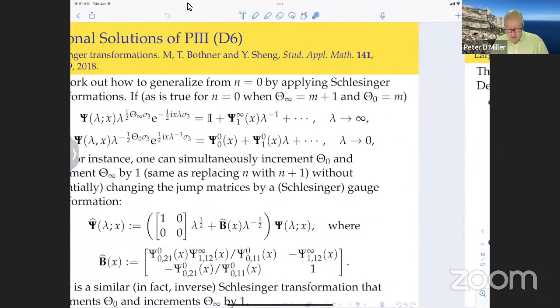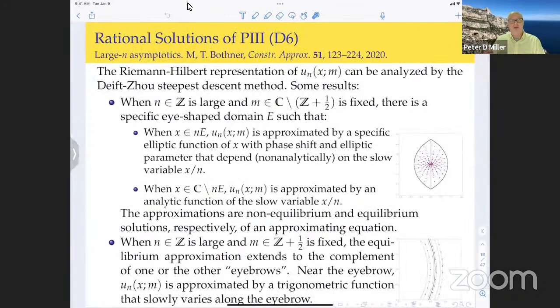Okay, so then we can use this Riemann-Hilbert representation that now by the Schlesinger transformation holds for arbitrary integer n and arbitrary complex m like that. And we can analyze this Riemann-Hilbert problem using the Deift-Zhou method. And this is something that we did in a paper with Thomas Bothner.